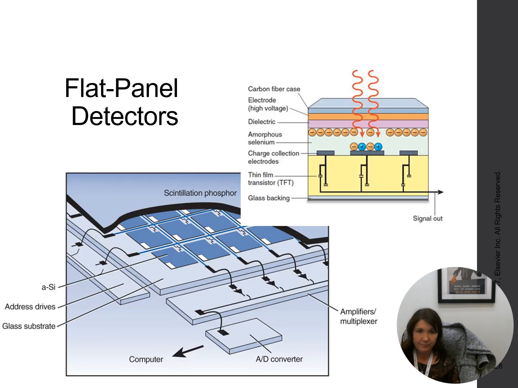Here we see an example where this would be our TFT right here. This would be basically our diodes here and here, and this would be our amorphous selenium sandwiched in between those diodes. When I have amorphous selenium atoms and a photon comes in, it's going to ionize that atom, meaning it releases an electron.